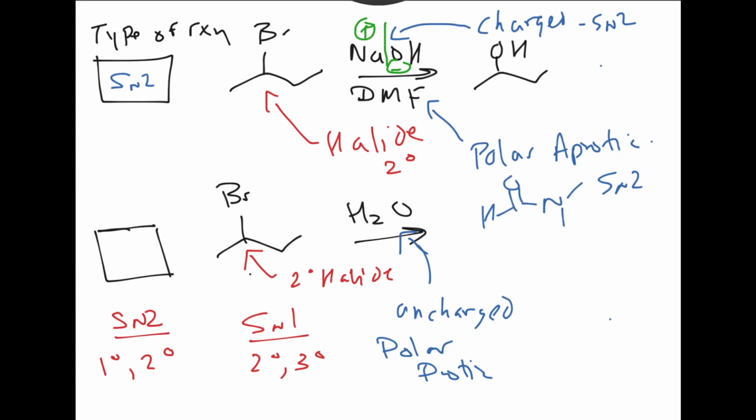So it's uncharged. Uncharged favors Sn1. Polar protic solvents favor Sn1. So together, we know we have a halide that can do Sn1 reactions, an uncharged nucleophile, and a polar protic solvent. All those things together are saying, hey, do an Sn1 reaction.